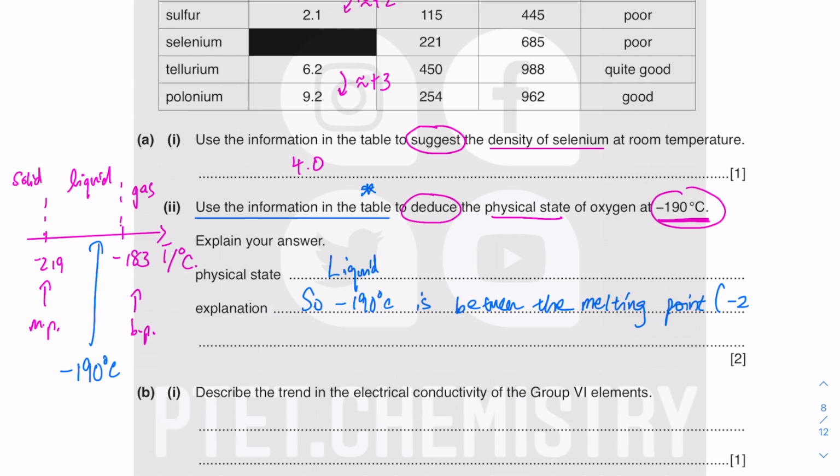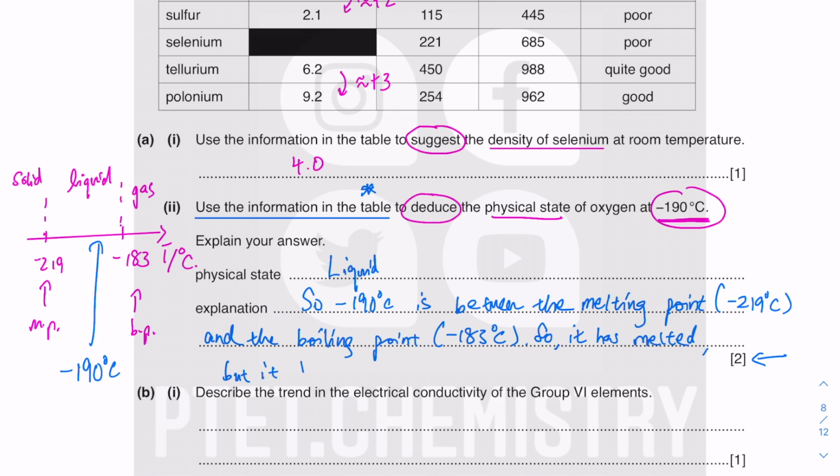All this is in 2 minutes. 2 minutes for 2 marks, so very quickly, all right? Between the melting point and the boiling point, which is minus 183 degrees Celsius. So it has melted, but it hasn't boiled. It has not boiled.